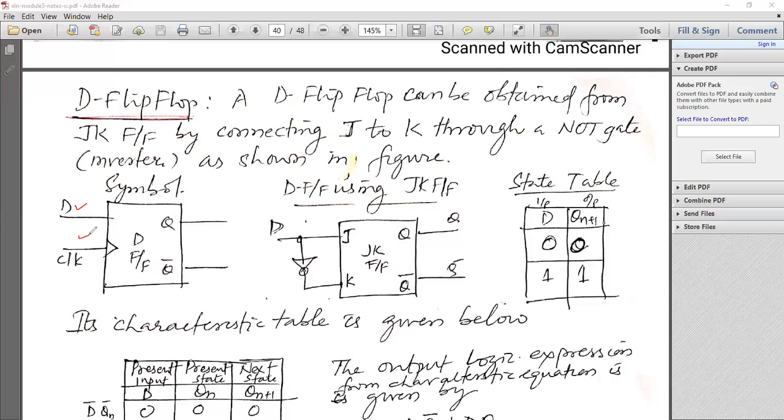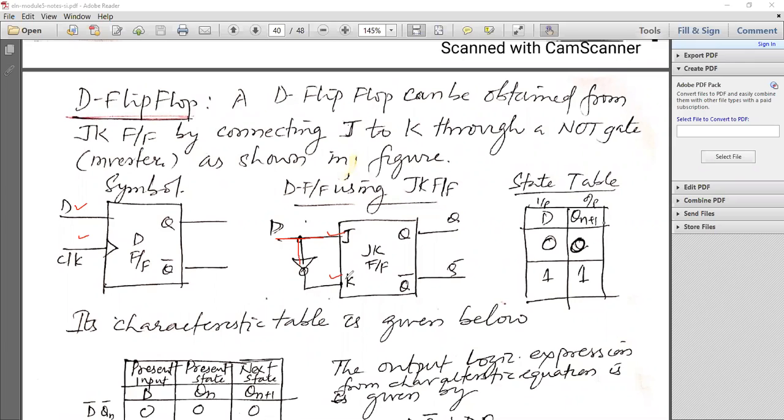A D flip-flop can also be implemented using a JK flip-flop. How? In JK we have two inputs: one is the normal input, the J input, and the K input is the reset or complemented input. So we can take a direct input from D to J and an inverted input to K. That is the implementation of a D flip-flop using a JK flip-flop.